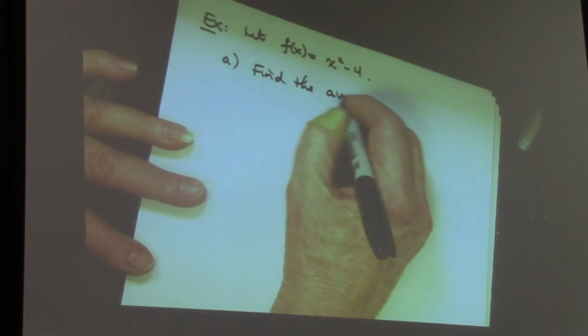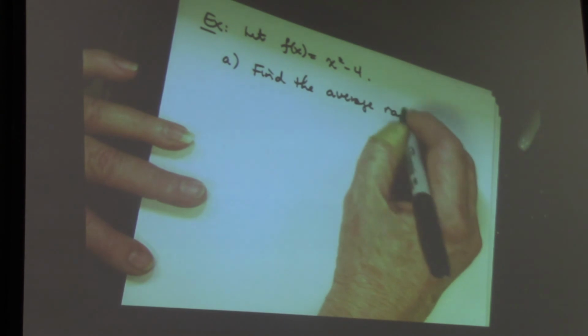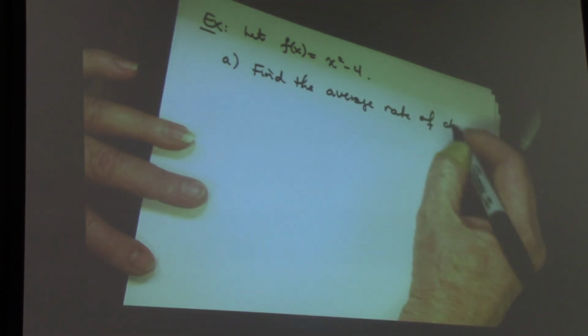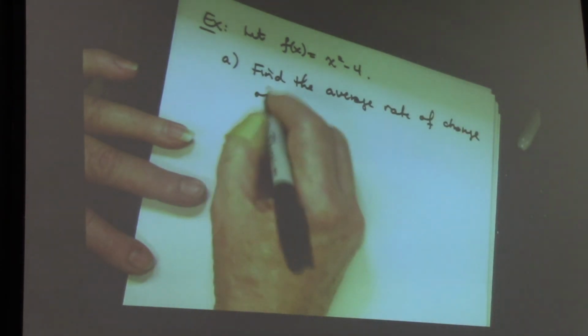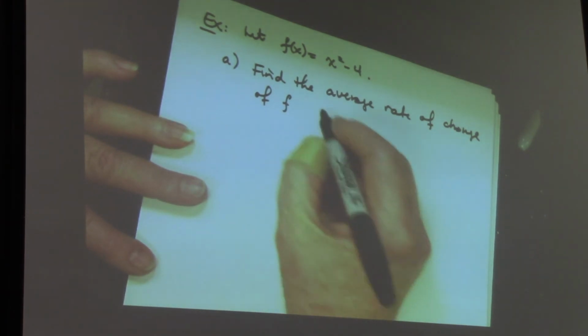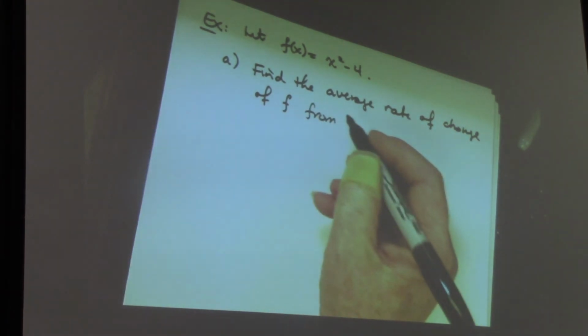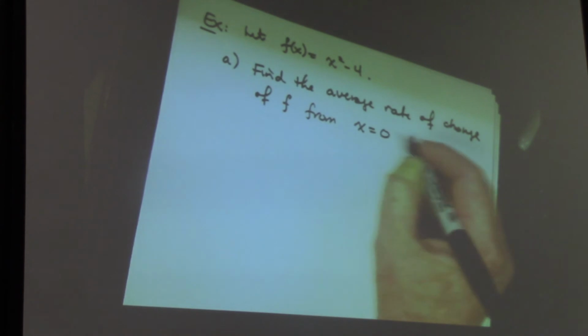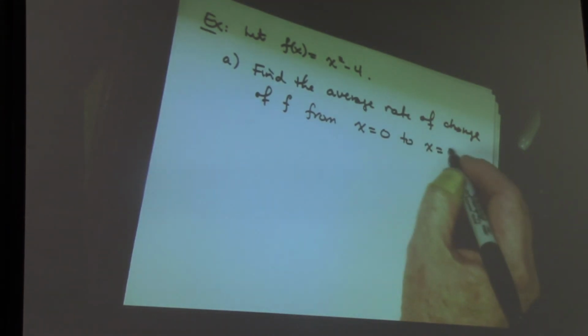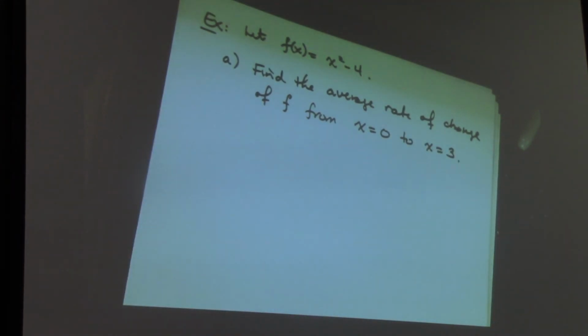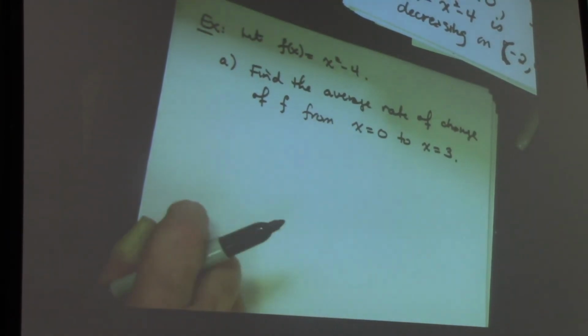Find the average rate of change of this function f from x equals 0 to x equals 3. Let's just do the calculations and then see what it means.